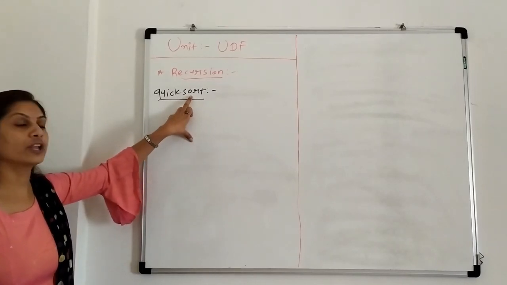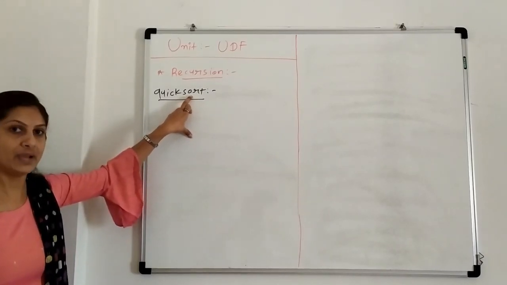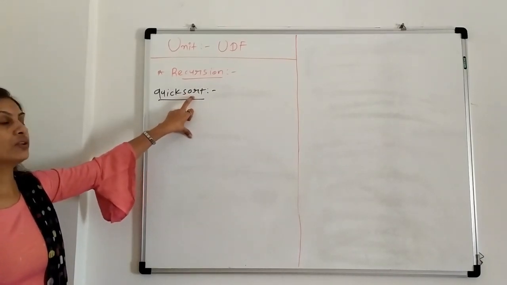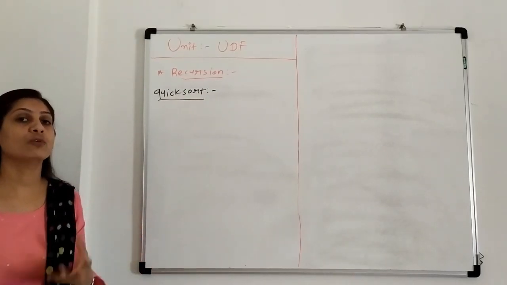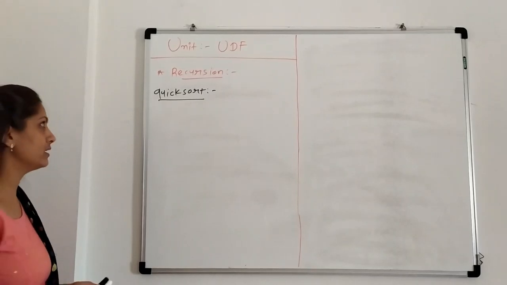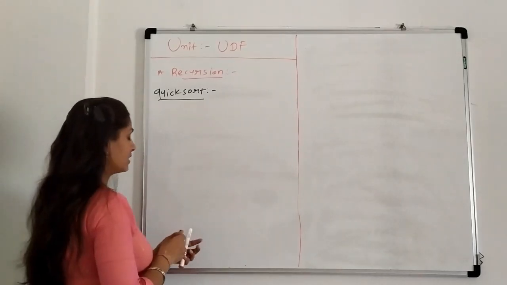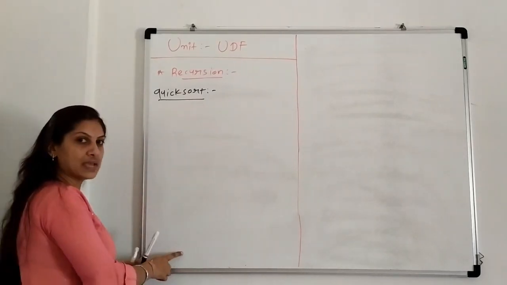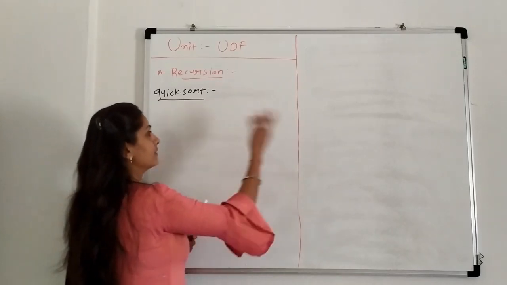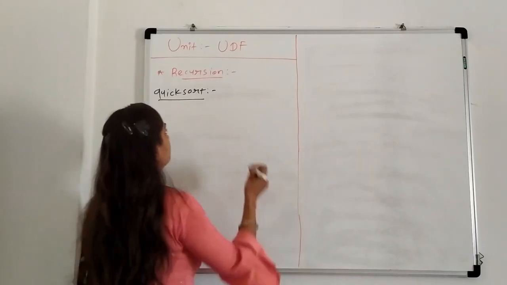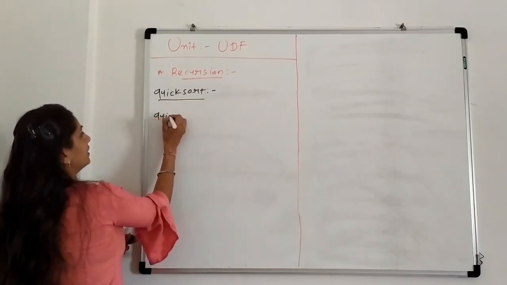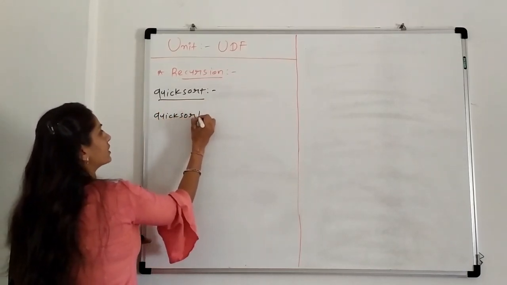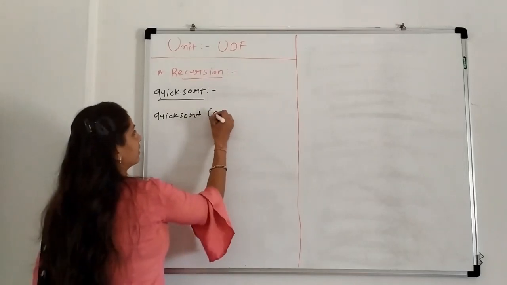The theory is for sorting of array elements. Whenever you are using the quicksort method, first you have to remember some steps for how to sort the array elements using this method. First list out the steps, remember those steps, and then solve the problem. For quicksort, one function is created and the name of the function is quicksort.